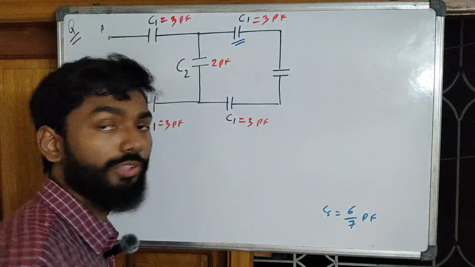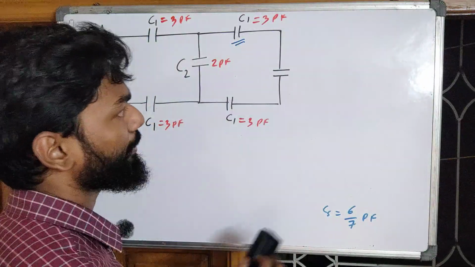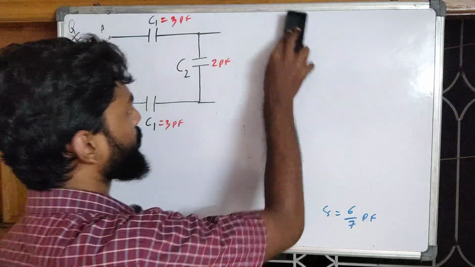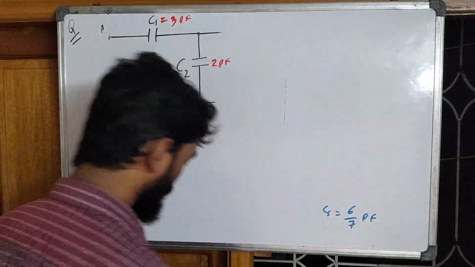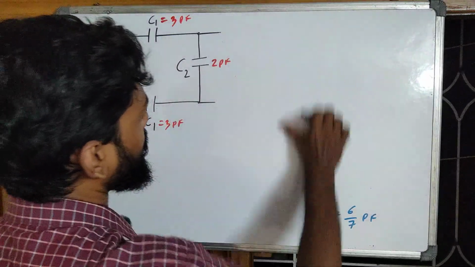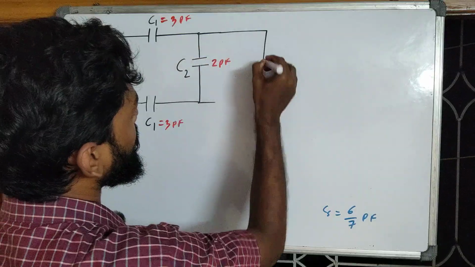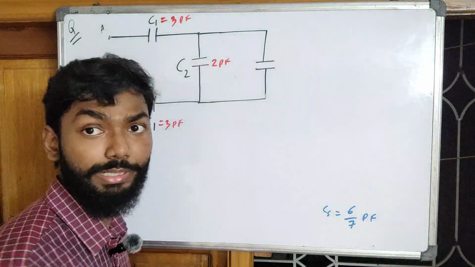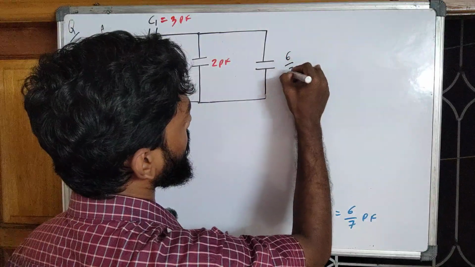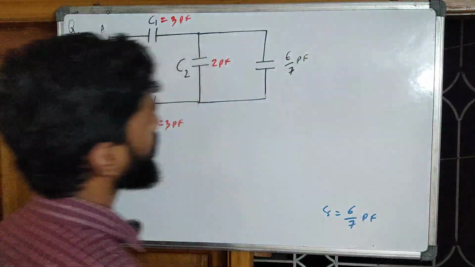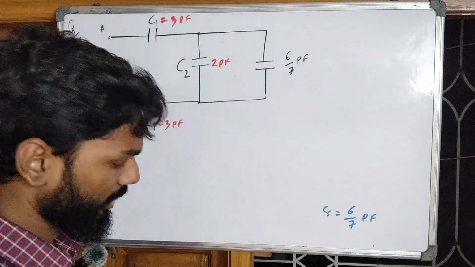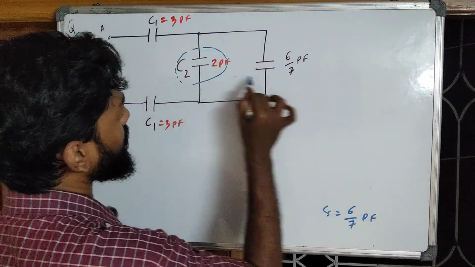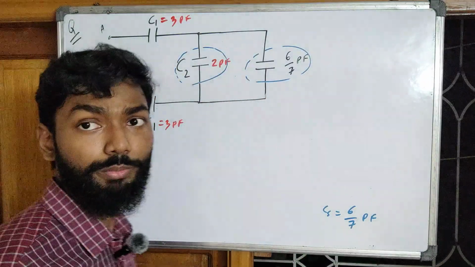Now, what's equivalent? We can put a single capacitor in place of all of these capacitors. So a single capacitor has 6 by 7 picofarad. Now you can visualize that this particular thing and this particular thing are in parallel combination.